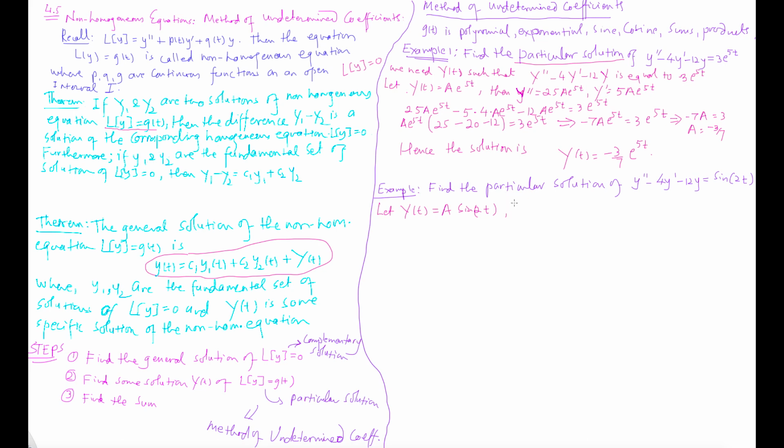So the first derivative, y prime, is 2a cosine 2t. The second derivative, y double prime, equals negative 4a sine 2t. That's what you get, right? If you plug it into the given equation and compare, what you get is basically negative 4a.